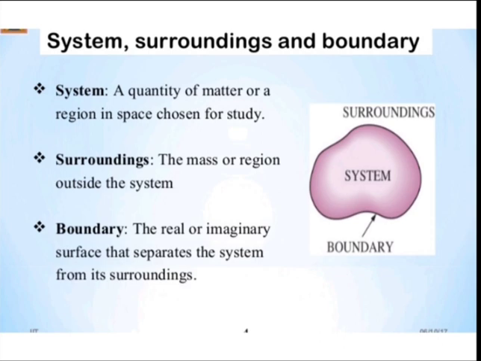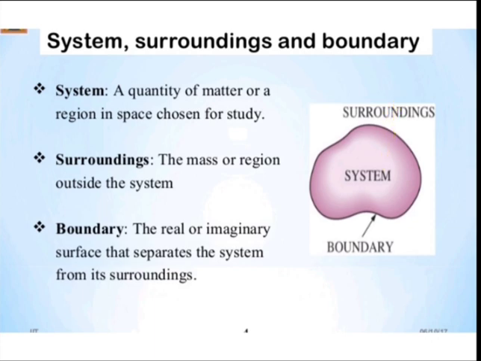The boundary, real or imaginary, is a surface that separates the system and the surrounding. So this is an imaginary layer or surface which separates the two parts, system and surrounding. So this is a boundary.